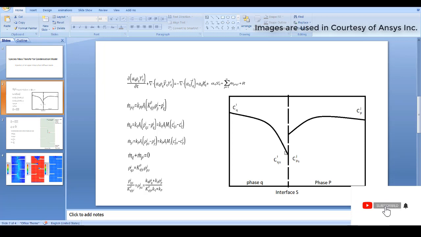The equilibrium ratio is nothing but the mole fraction present on either side of this interface. So you can see K_qi_pi of rho. This is the equilibrium ratio which addresses this issue, which is equal to the mass concentration on either side of the interface, or it can be stated as the molar concentration on either side of the interface. It tries to address this discontinuity.